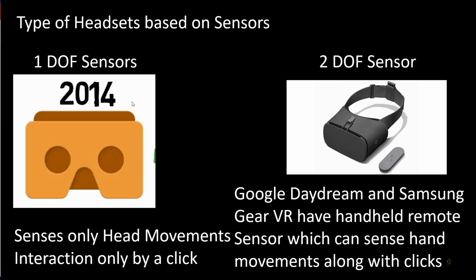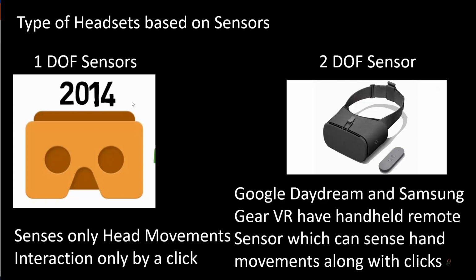Whereas if you come to Google Daydream and Samsung Gear VR, these headsets come with a sensor based remote control. The difference between a regular remote control and the Google Daydream or Samsung Gear VR remote control is that this remote control has a built-in gyroscope.